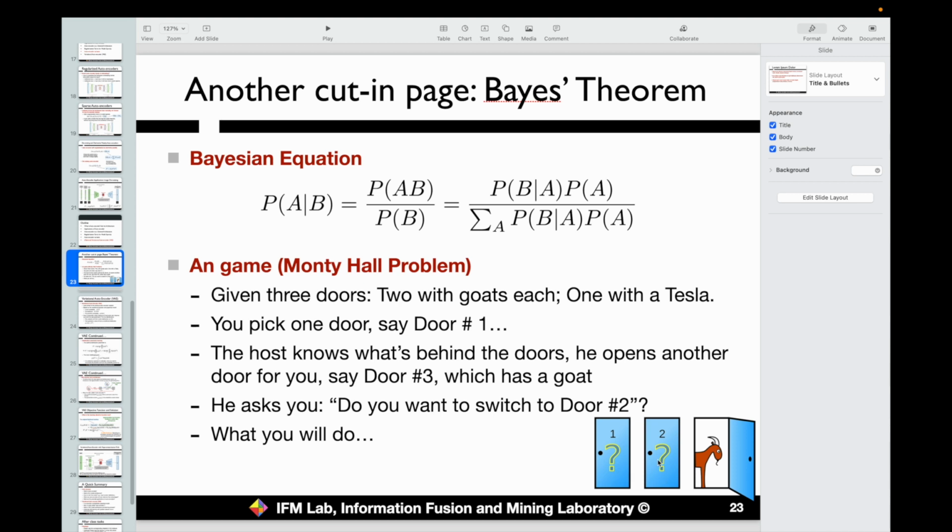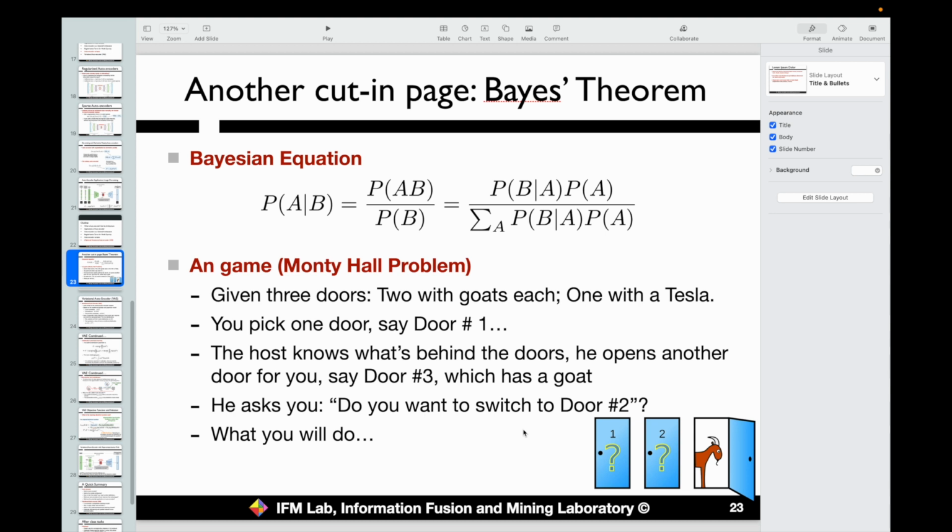Then what is the real probability distribution behind these 2 doors? If you insist on opening door 1, the probability for you to get a Tesla will be 1/3. And if you follow his suggestion and switch to door number 2, the probability for you to get a Tesla will be 2/3 instead.